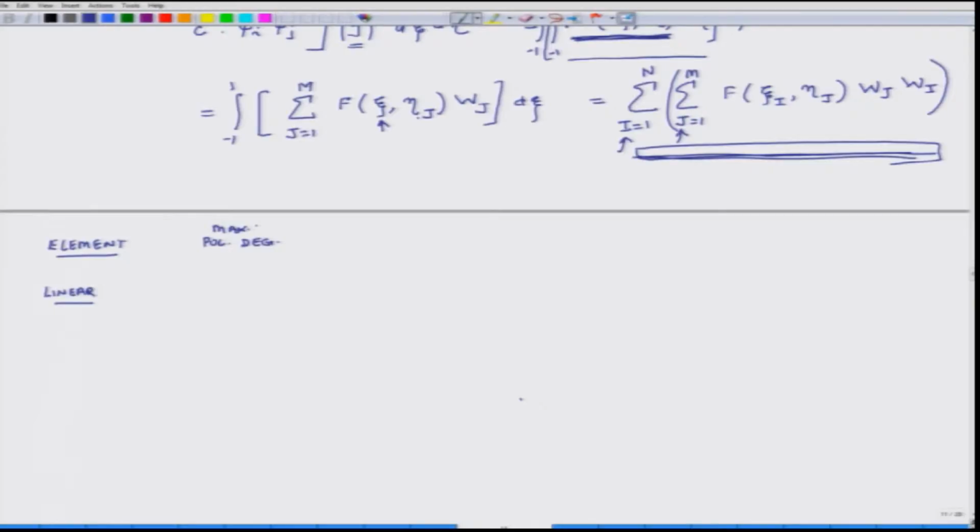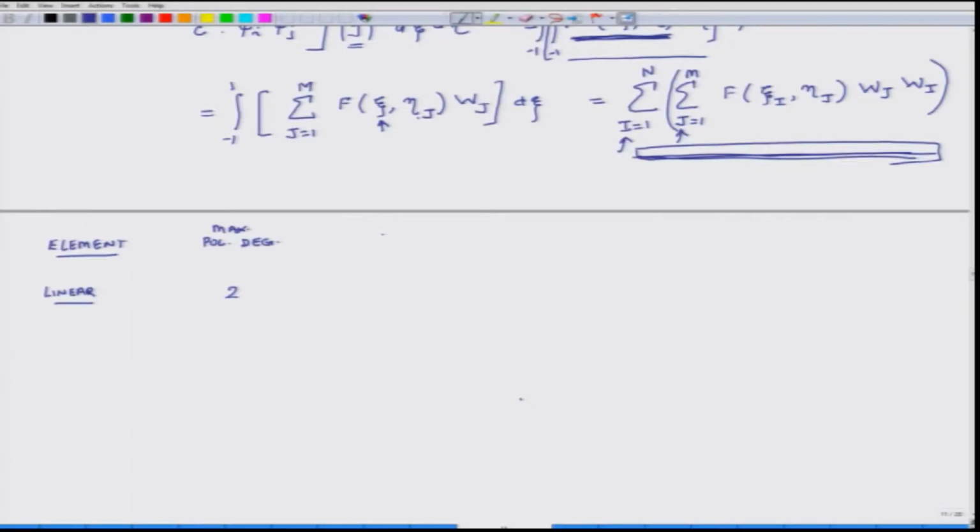If I use a linear quadrature, then there are two quadrature points in one particular dimension.